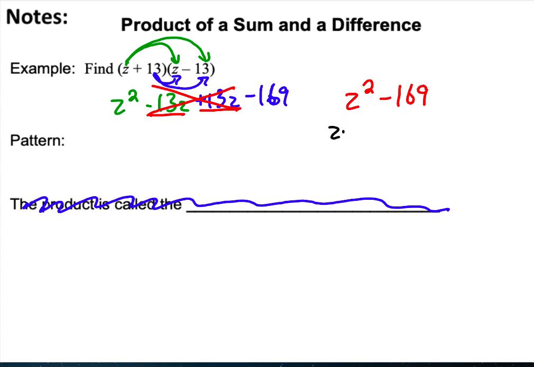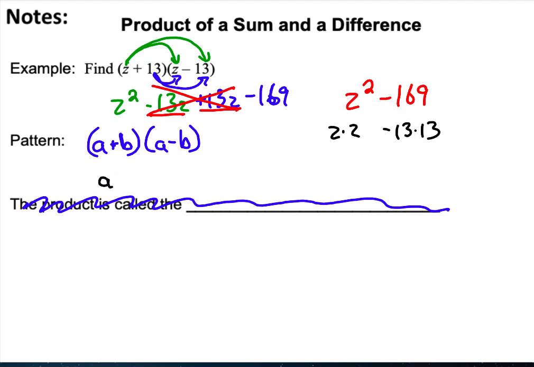Z squared was z times z. 169 was 13 times 13. One of them just happened to be negative. Okay? So that middle term dropped out because it was the same number, just one's positive, one's negative. So our pattern is, if we were to do a plus b times a minus b, look at what we were left with.